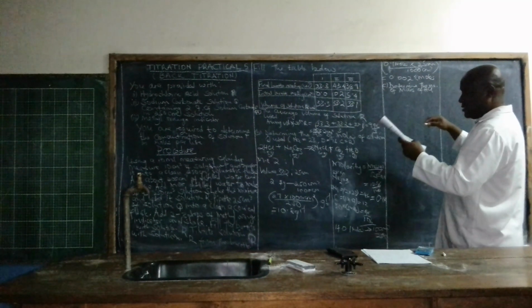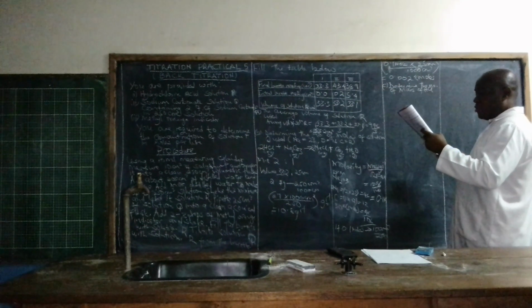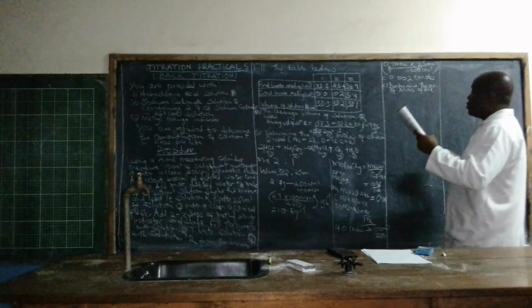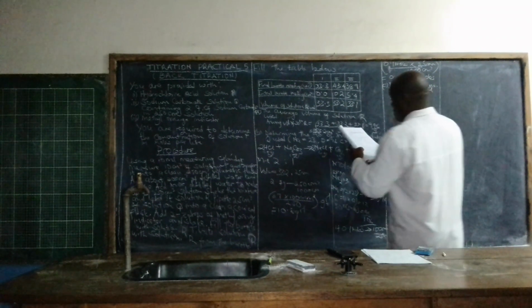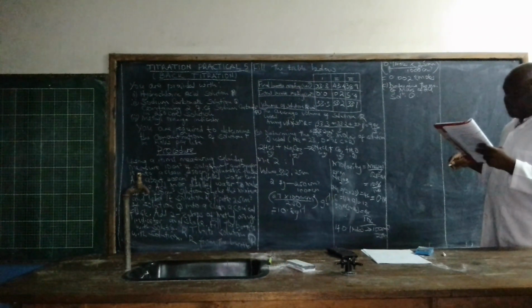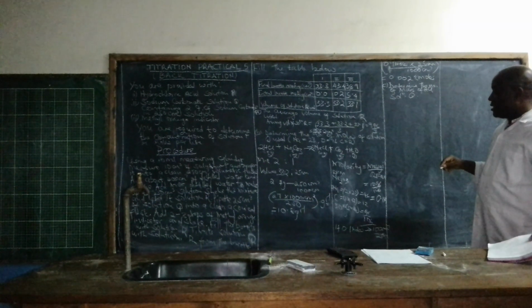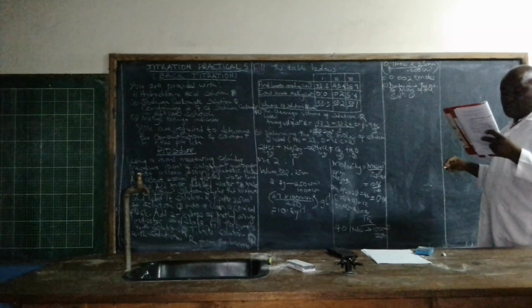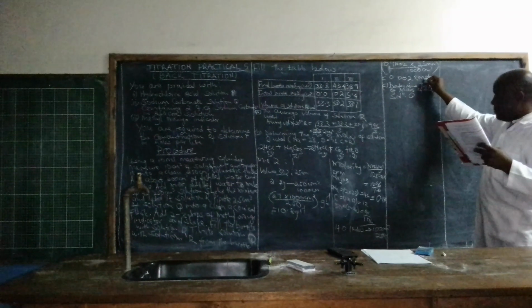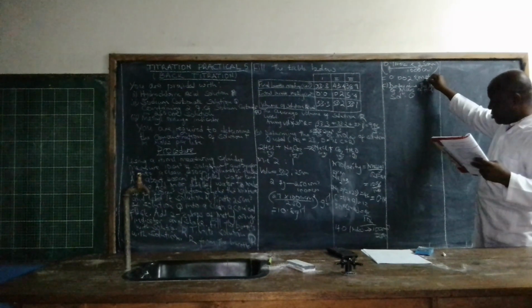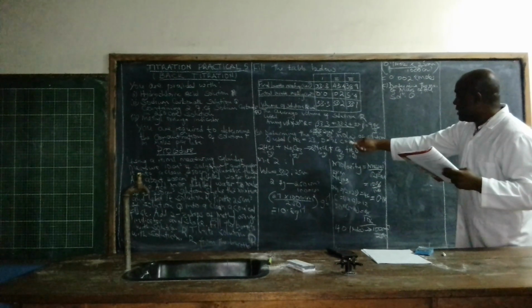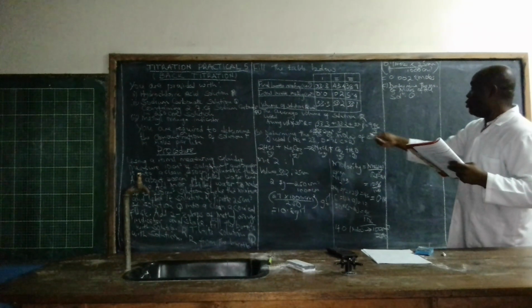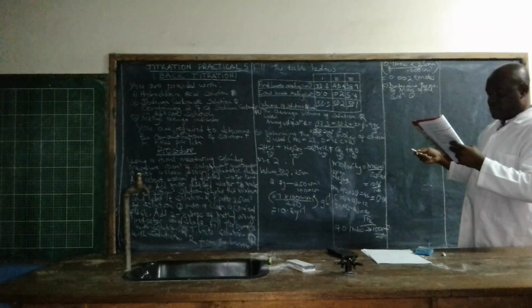Remember, determine the number of moles of hydrochloric acid, solution Q. This is solution Q. So now, after we have been able to calculate the number of moles of this, because we have determined the number of moles of solution Q used.